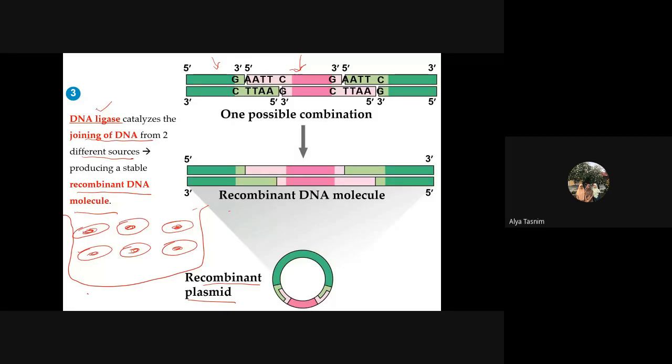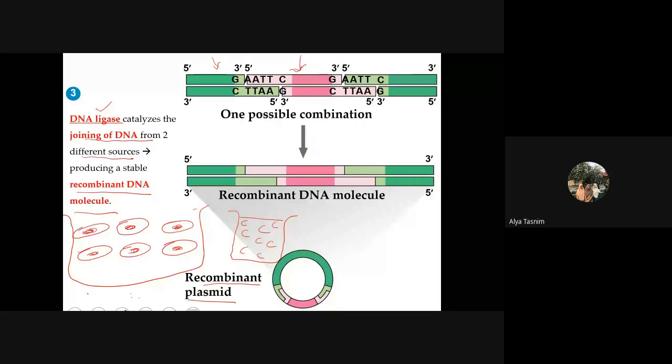Another test tube will have plasmid that has been cut with the restriction enzyme. And then you also insert the DNA fragment from the organism. The purple one is the DNA fragment from another species.